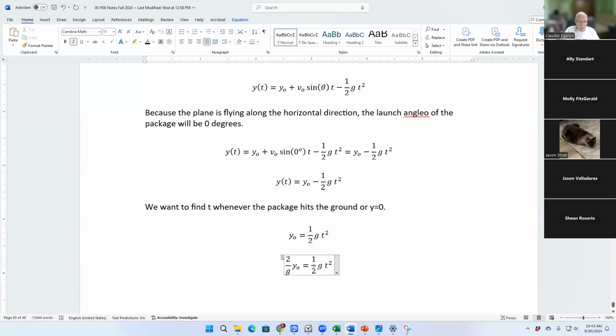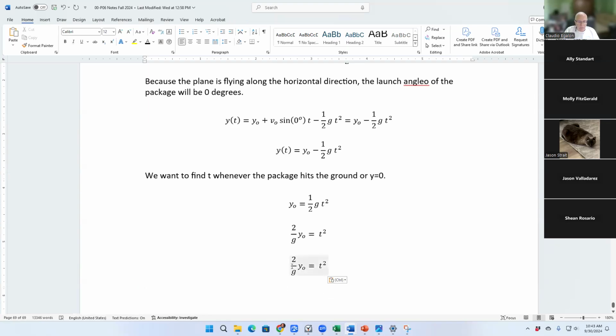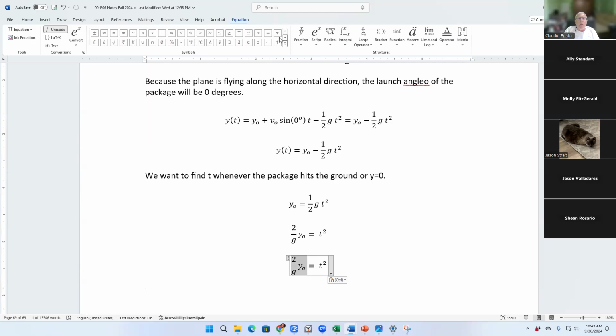The 2 already passed to the left side, and the g I passed to the left side. And now we have to take the square root of that to solve our problem, and I will put my t on the left side.